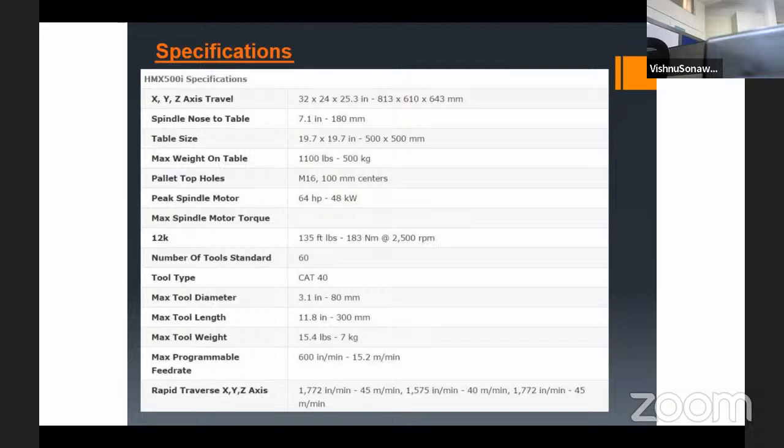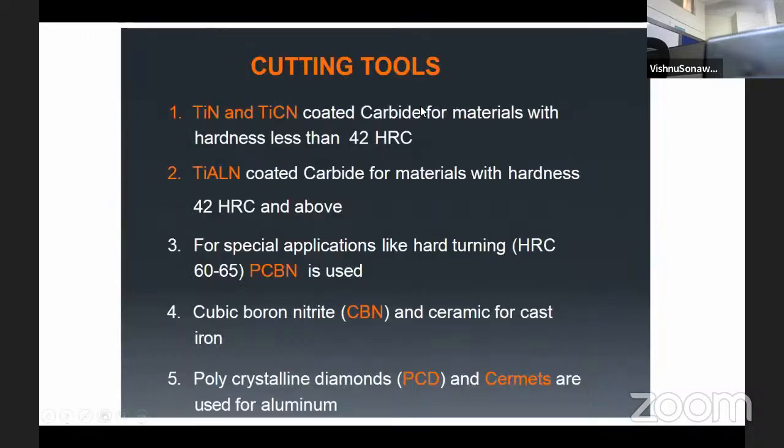These points should be considered in the specifications of cutting tools. These are the specific cutting tools required: titanium nitride or titanium carbide, then titanium carbide nitride, which is a 42 Rockwell hardness material, and titanium aluminum nitride.